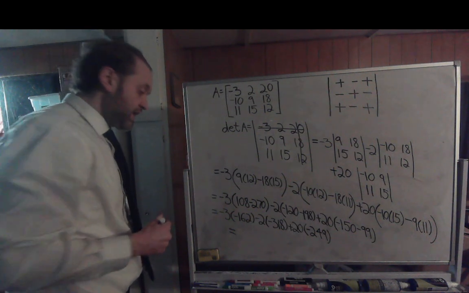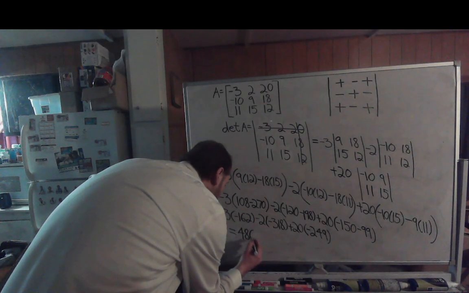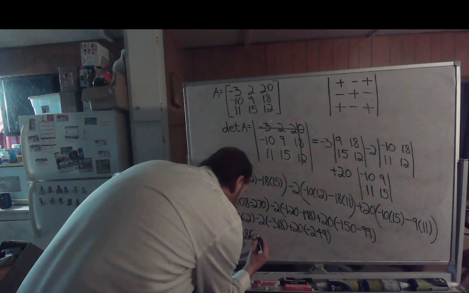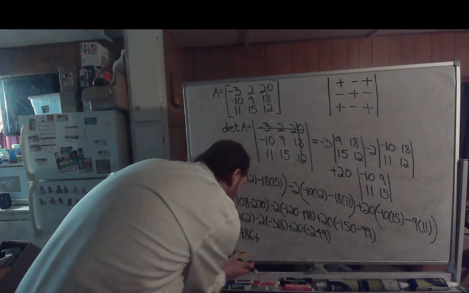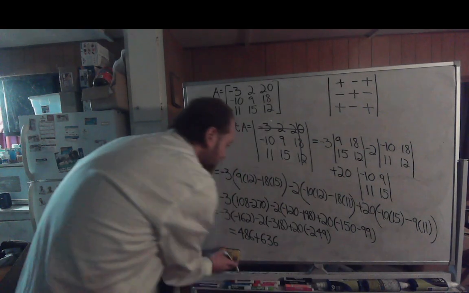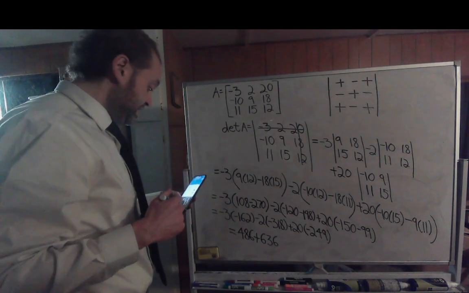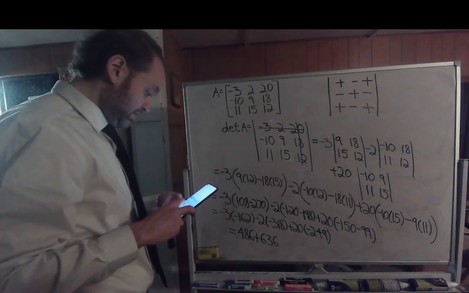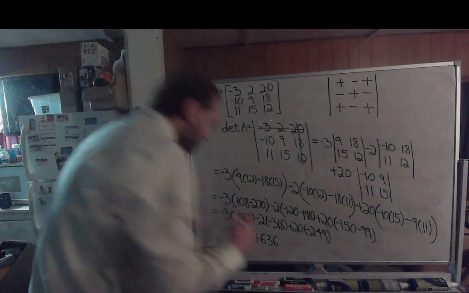So 486 for negative 3 times negative 162. So that should be 636 here, plus 636. Negative 2 times negative 318 is positive 636. And then 20 times negative 249. Wow. Negative 4,980.